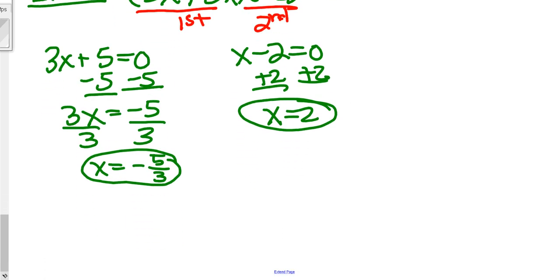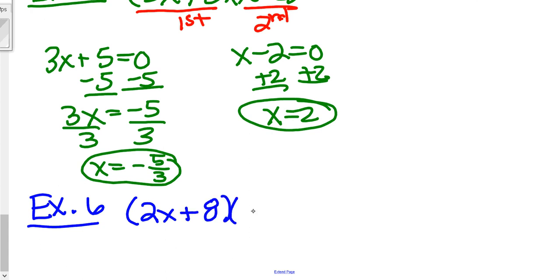All right. Last example. I'm going to go to example 6. Example 6, we got 2x plus 8 times 4x minus 12 equals 0.